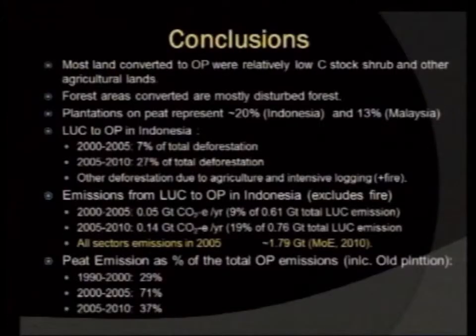So what we can conclude from this presentation is that most of the land converted to oil palm was relatively of low carbon stock, and also the conversion of other agricultural land. So the claim that more than 55% of the deforestation ends up in oil palm plantation cannot be proven here.